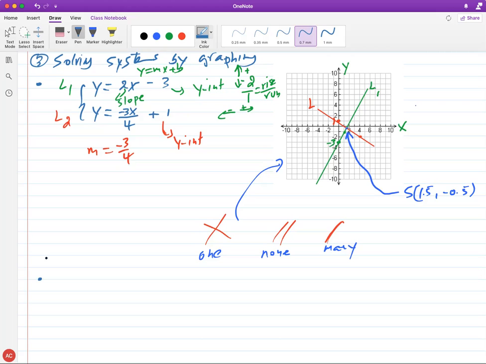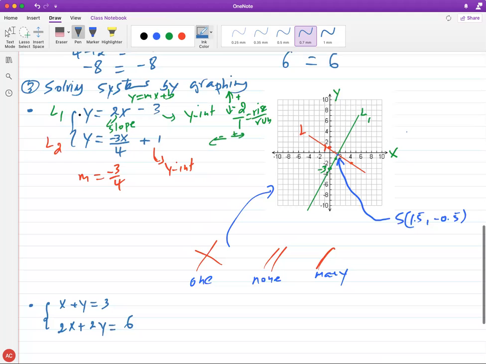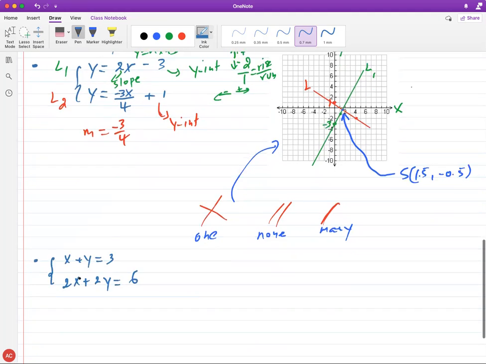Take a system of two lines. As you can see, they're not in the y = mx + b form. This is what we call the standard form.